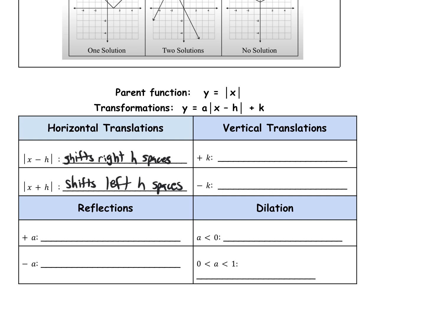Vertical transformations: if it's plus k, it shifts up k spaces, and if it's minus k, it shifts down k spaces.